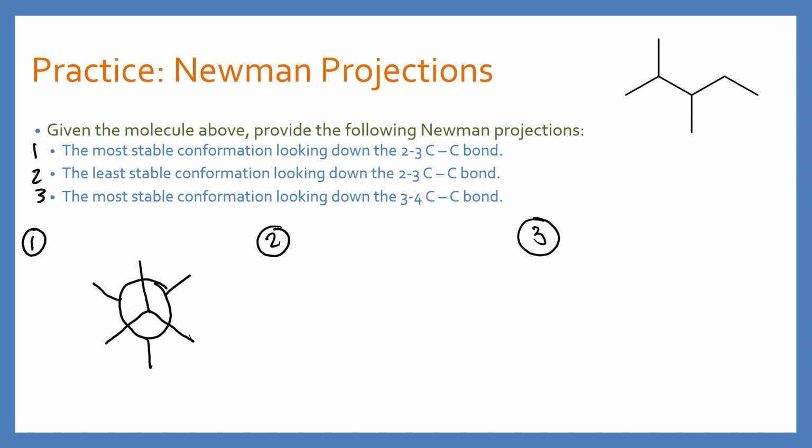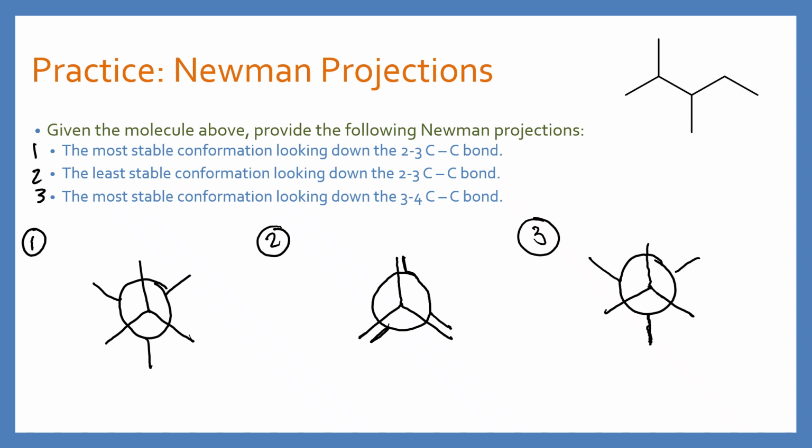Number 2 says the least stable, so I'm going to go ahead and draw an eclipsed conformation. So I don't want to make any mistakes by failing to read this correctly later. And then number 3 says the most stable. So another staggered.